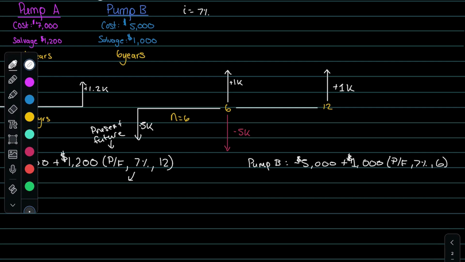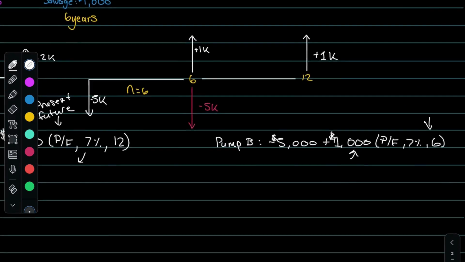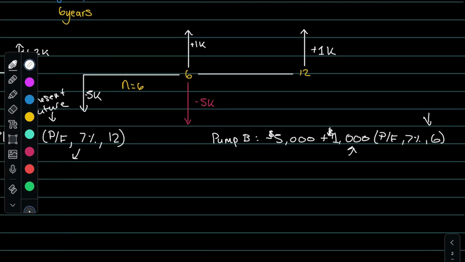But this value is looked at when 6 years has passed. So for the $1,000 present to future analysis, we're looking at how much this would cost in the present to future. It's a ratio. 7% in 6 years. So you look at the table, right?